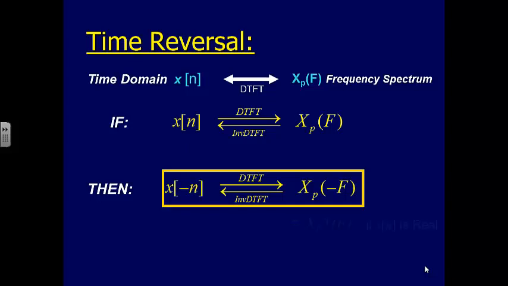The implication is that if I had a real valued function, this is equivalent to taking the complex conjugate, because the real signal is conjugate symmetric. And how do we take a complex conjugate? We make the imaginary part negative, or the phase part negative.